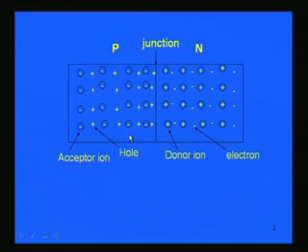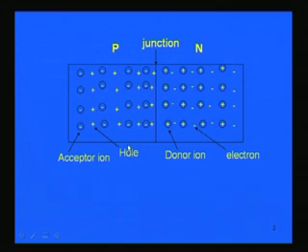So, whenever there is a concentration gradient, the carriers, holes and electrons, will try to flow from a higher concentration region to a lower concentration region, just like whenever there is a pressure difference in the water level between two places, higher pressure water will flow down to the place where the pressure of water is low.